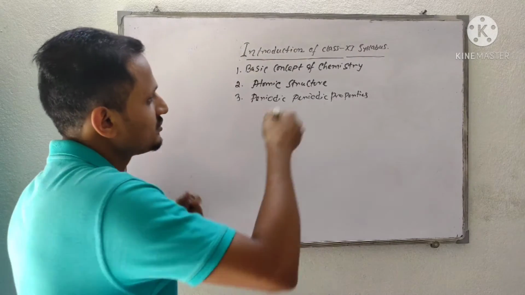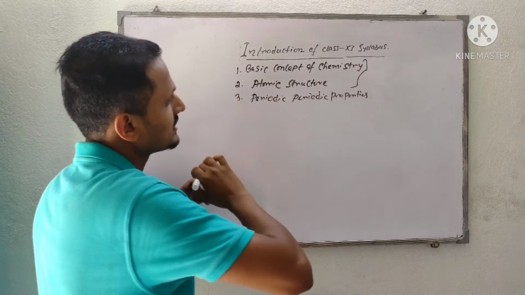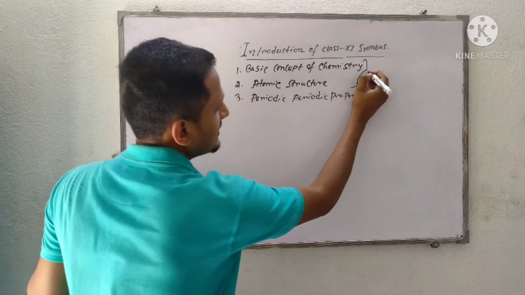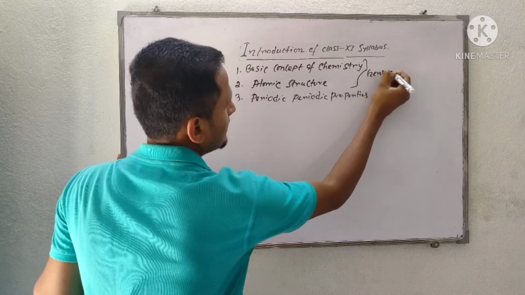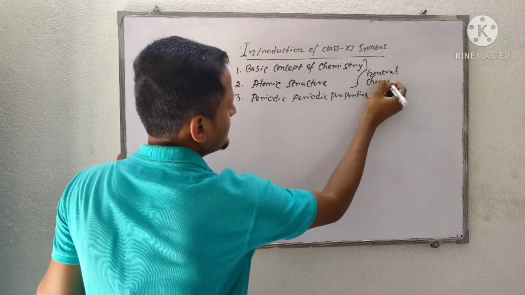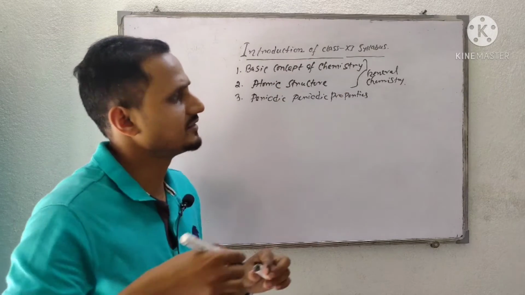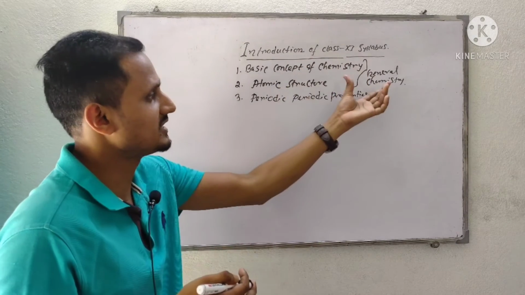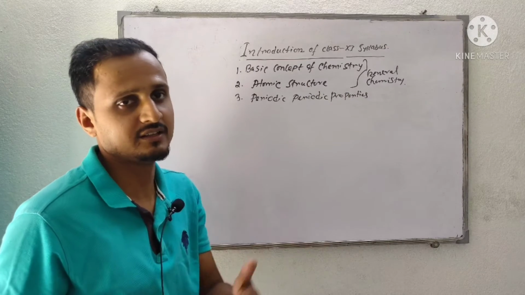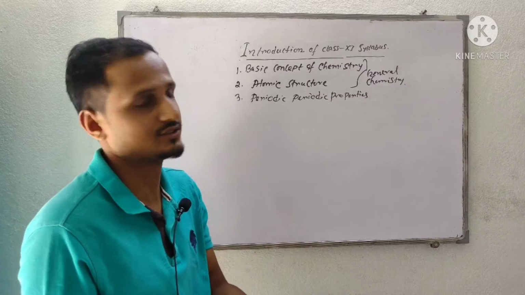Now you can take these two chapters as your general chemistry. But you can learn this in inorganic also, and you have to learn it in physical also. So these two are general chemistry. Atomic structure you need in inorganic also and physical also.